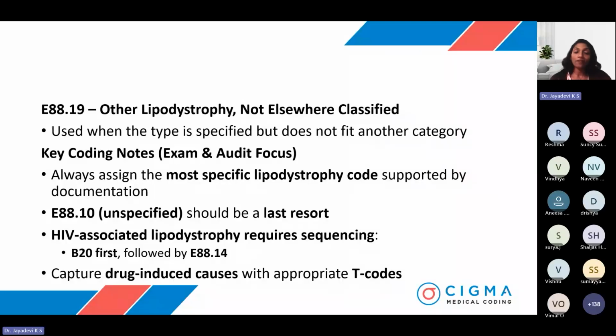And of course, you have to check for a drug-induced condition. If it is there, you have to use the appropriate T code. I hope this is clear to all of you. If you have any doubts, you can ask me towards the end of the session.